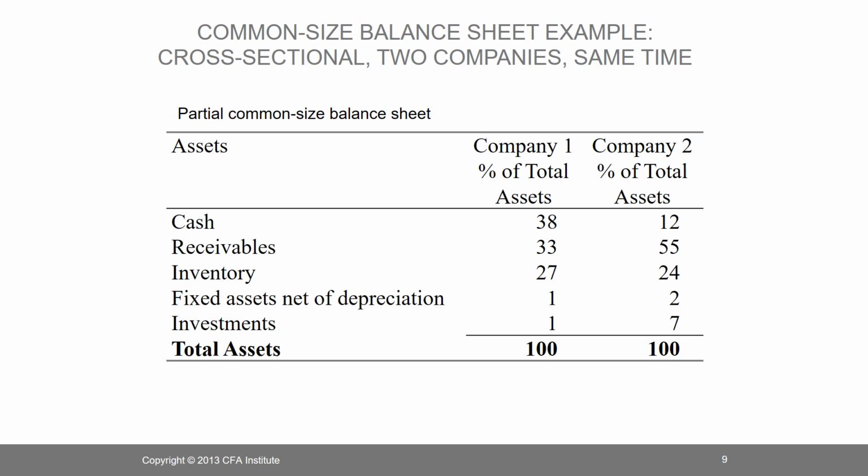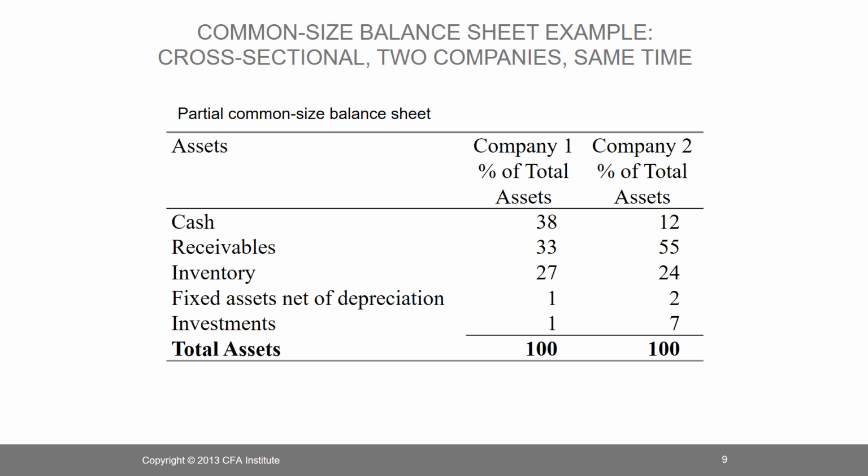As you can see here, we have the balance sheet for two hypothetical companies at the same point in time. Company one is clearly more liquid, liquidity being a function of how quickly assets can be converted into cash.